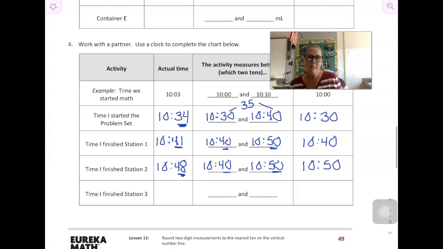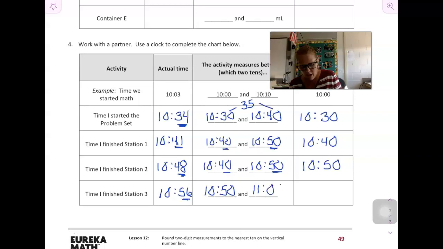Finally, the time that we finished station 3 is 10:56. The minutes 56 comes between the hour 10:50 and what would be the next 10-minute segment? Don't get tricked. It would be the next hour, 11 o'clock, because that is 0 minutes.